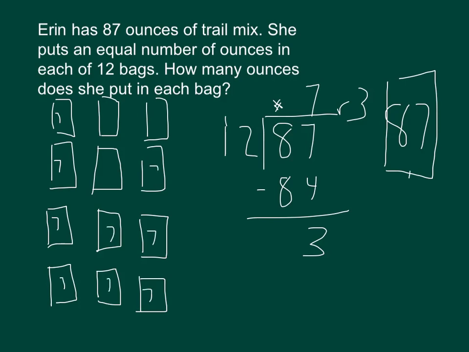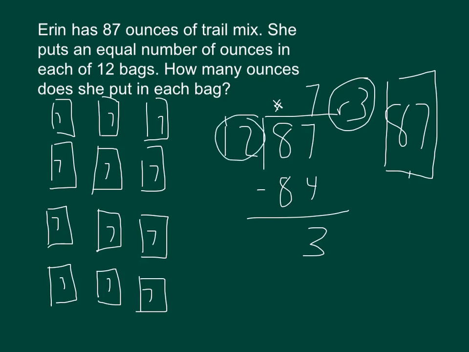But we could actually take what's remaining and also include it. We have 3 ounces that are remaining, that are left over. What we could do with those 3 ounces is divide them into the 12 bags.